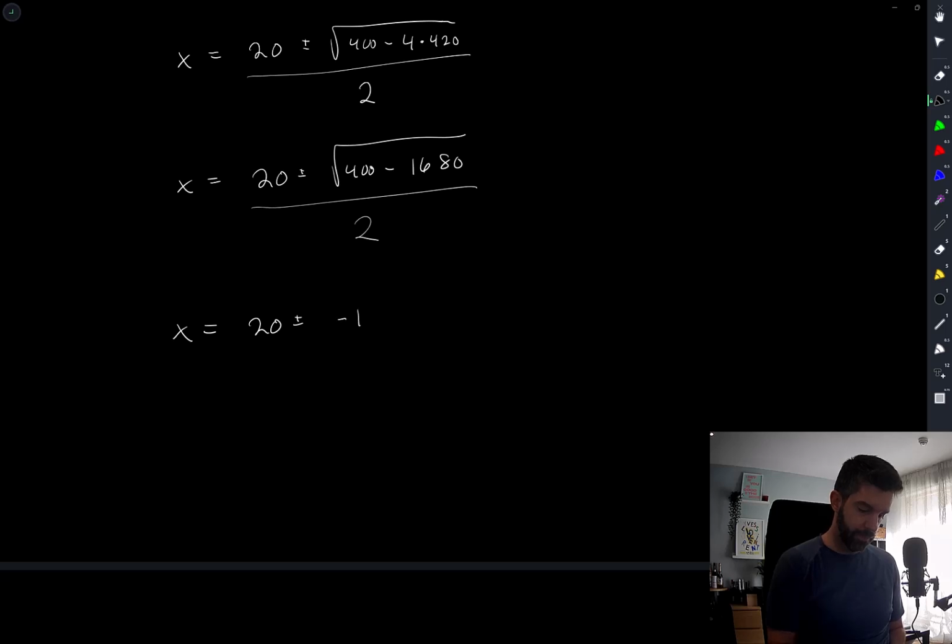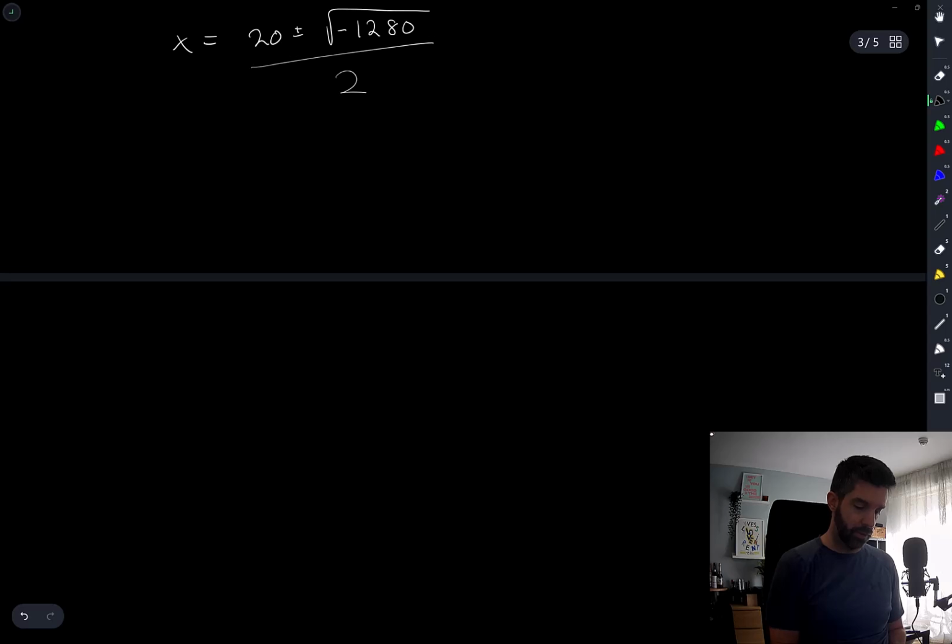negative 1280 under square root divided by 2. Let's reduce that and hope that the coefficients here end up being integers. So this is 10 plus or minus root 1280i over 2.